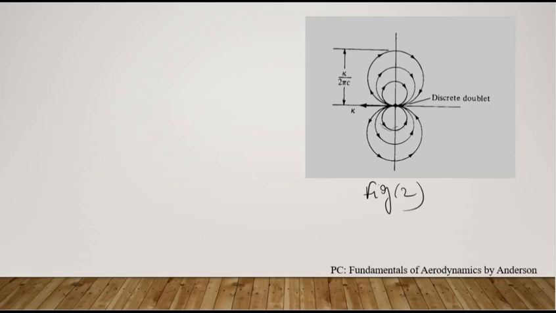From these considerations, we can say that a doublet is associated with a sense of direction, the direction in which the flow moves around the circular streamlines. By convention, we designate the direction of a doublet by an arrow, that is from the sink to the source.